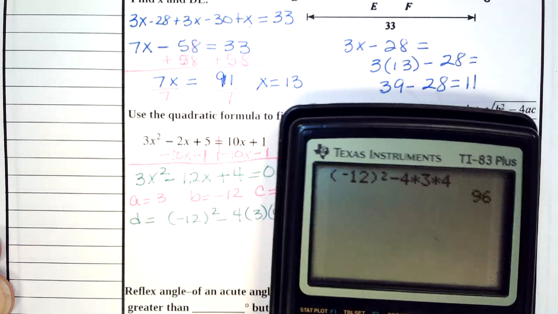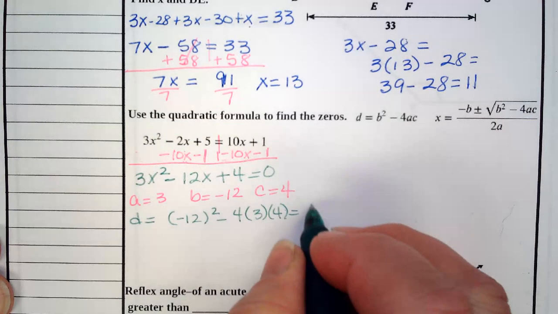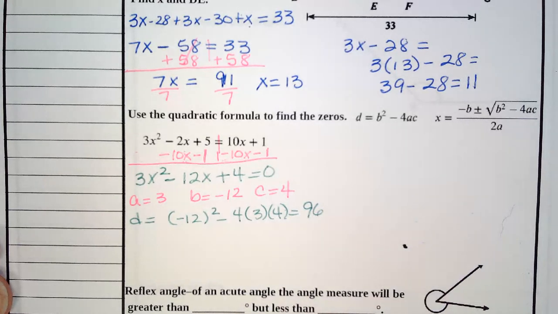Okay, and I end up with 96. Now, 96 is greater than 0, so I know I've got two solutions, but it is not a perfect square.